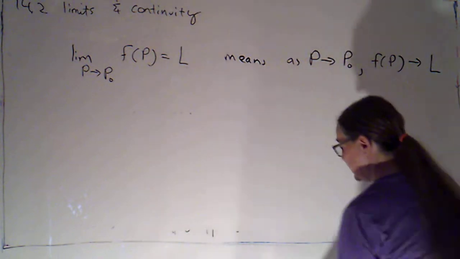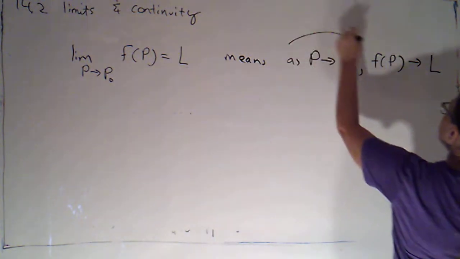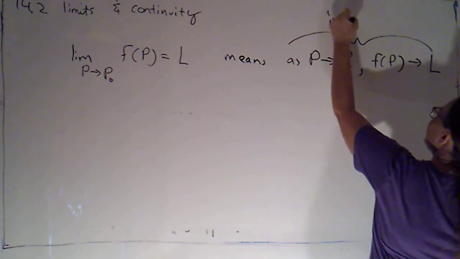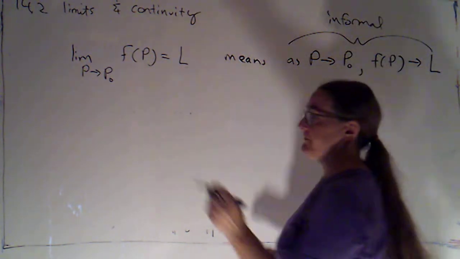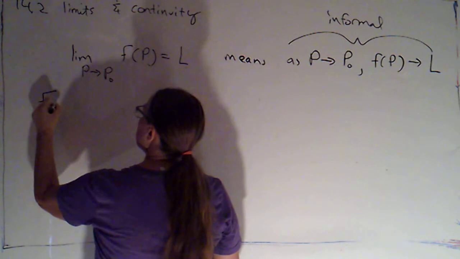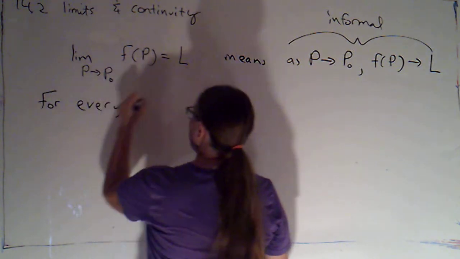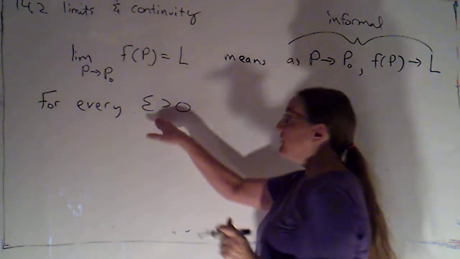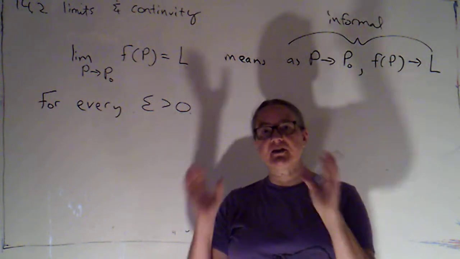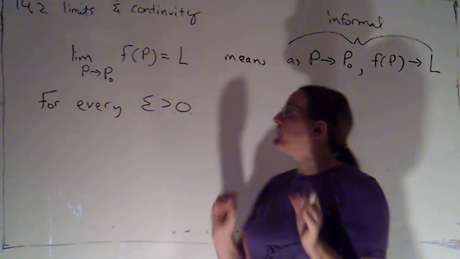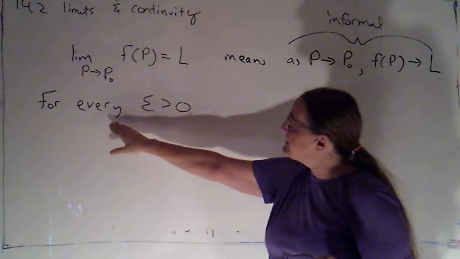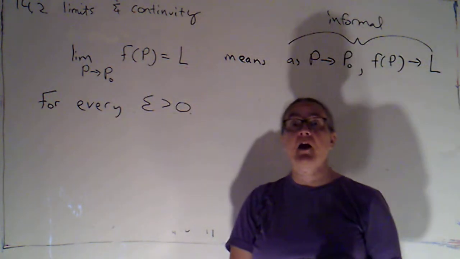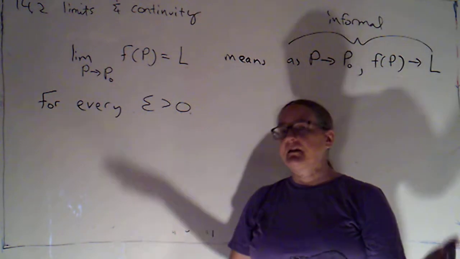Okay. So this is my informal definition of a limit. The formal definition says this: for every epsilon bigger than 0. Remember, epsilon was establishing the standard of closeness for how close my output f of p was going to get to L. So when I say for every positive number epsilon, that includes big numbers.